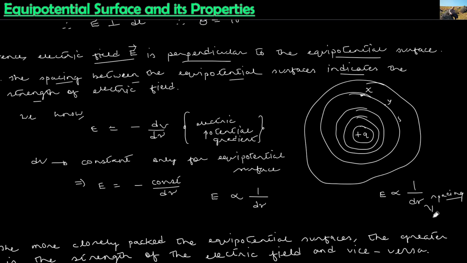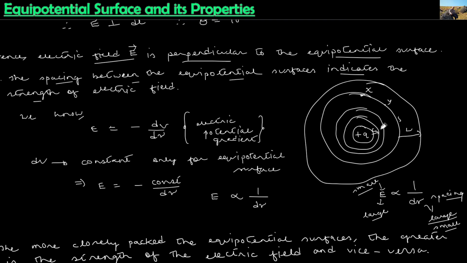When this dr is large, the electric field will be small, and when the spacing between the equipotential surfaces is small, the electric field will be large. So when the spacing is small, electric field is large. When the spacing is large, electric field is small.